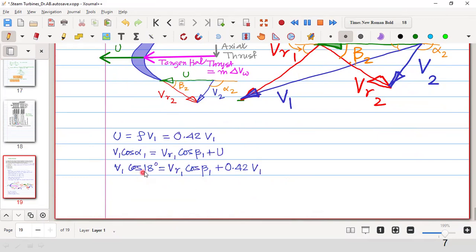As we know, cos alpha 1 is given, so we can write it.